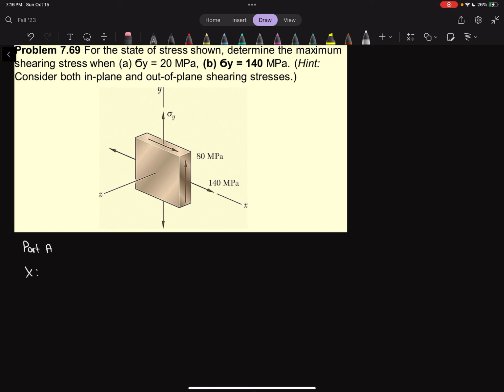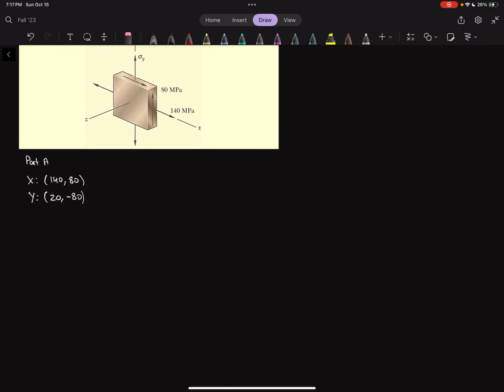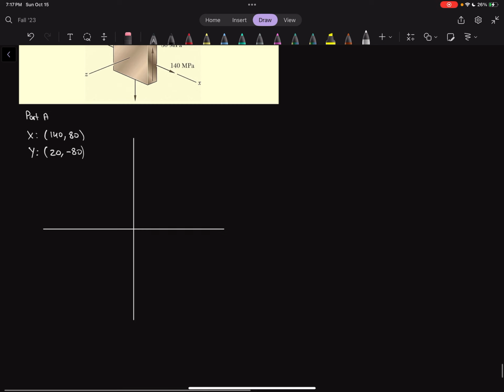our x is going to be 140 and 80. Our y is going to be 20 minus 80. So we're going to write 140 on the sigma axis and 80 on the tau axis, and count the grid squares.